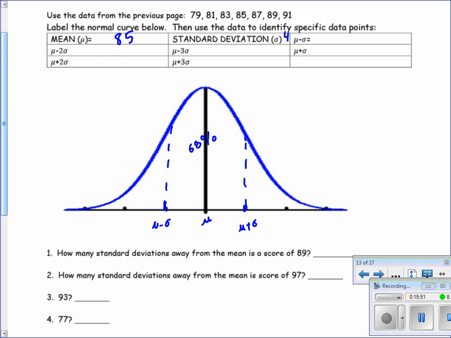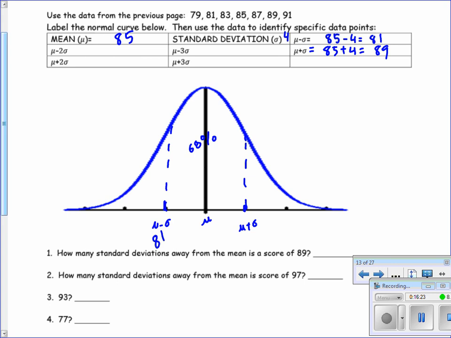So, what are the numbers for these? What's the lowest number, and what's the highest number? So between what two numbers? So 85, the mean is 85, minus the standard deviation, or minus 4 equals 81. So on the low end, anyone with a score between 81, and on the high end, let's see, this equals 85 plus 4, that's 89.